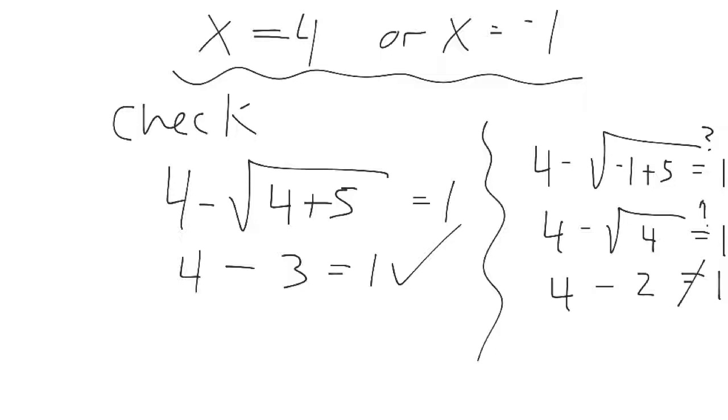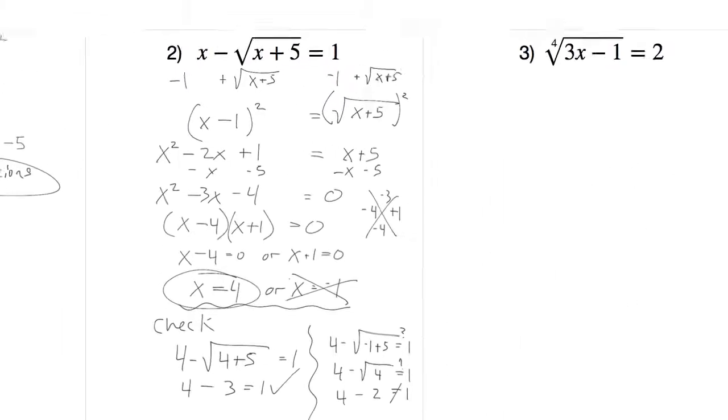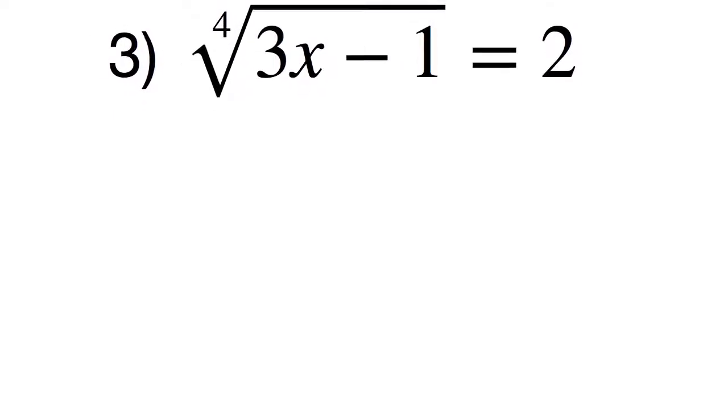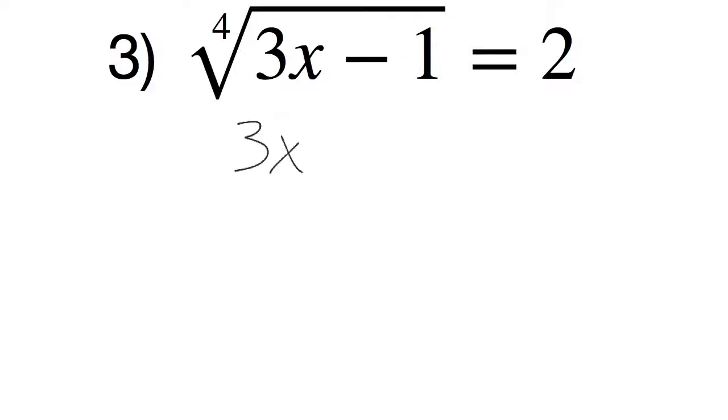So therefore, x equals negative 1 is not the solution, and x equals 4 is. Again, this is a technique that you introduce in order to cancel out radicals, but it just introduces too many solutions sometimes.